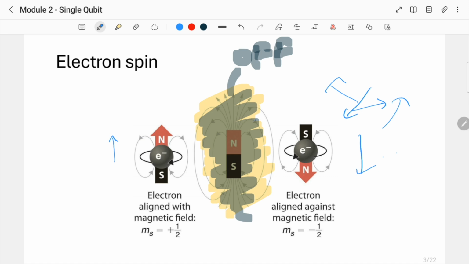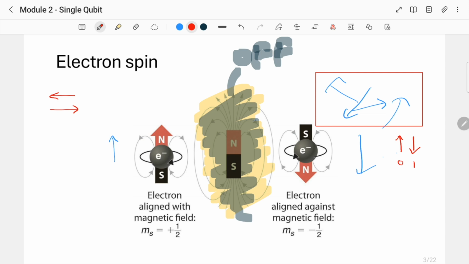Now you might wonder, it is all dependent on how we measure. So I can also say that when there is no external magnetic field, the electron is in the superposition of these two states. Earlier we considered, just to clarify, that our electron is in a superposition of these two states, let's name them 0 and 1.